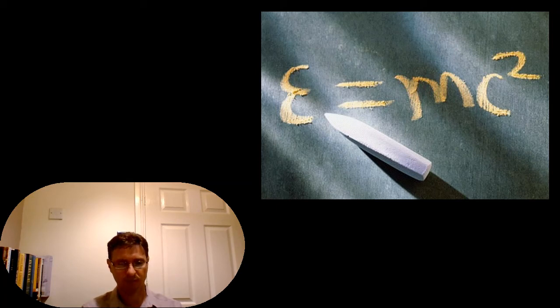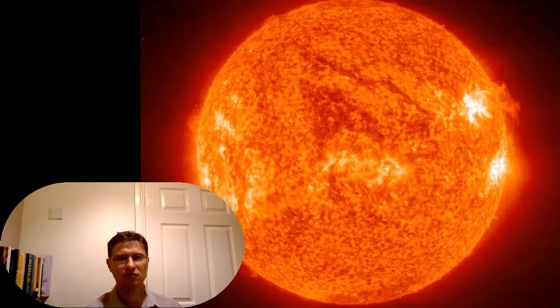So, E equals mc². What do we do with this equation? Now, Albert Einstein was intrigued when he looked at this big, massive, burning ball called the sun. He was determined to find out and understand how the sun is continually burning, but it never burns out.